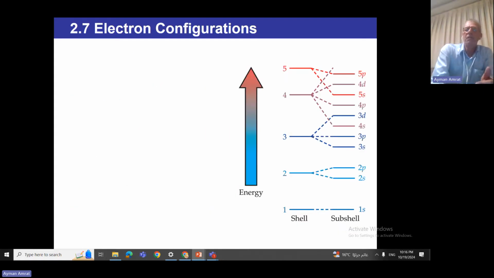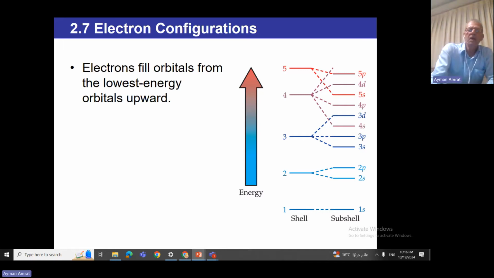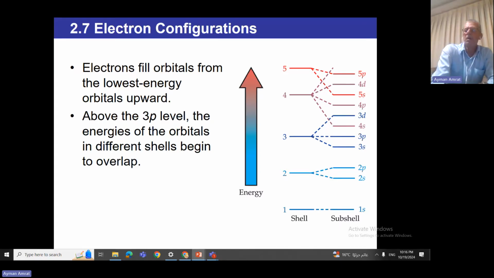Above the 3p shell, there is overlap between shells. Shell 4 with shell 3, shell 5 with shell 4 overlap. Electrons fill orbitals from the lowest energy orbital upward. Start with shell 1. If shell 1 is filled, now start filling shell 2 and so on. But we must take into consideration there is an overlap above the 3p level.